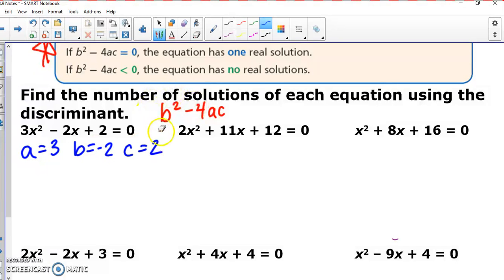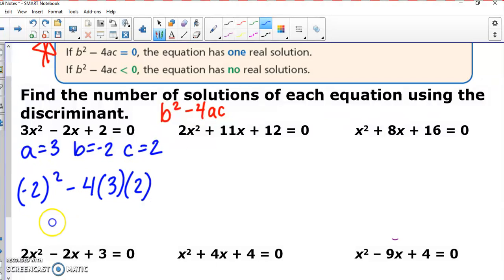And then I'm just going to plug it into just the discriminant part. So I'm going to take -2 squared minus 4 times my A value times my C value. Okay, and if I go ahead and just plug all that into my calculator, I should get -20. And so since I got a negative answer, I can't take the square root of a negative answer if I were to plug that into my quadratic formula. So on this one, I would have no real solutions then.